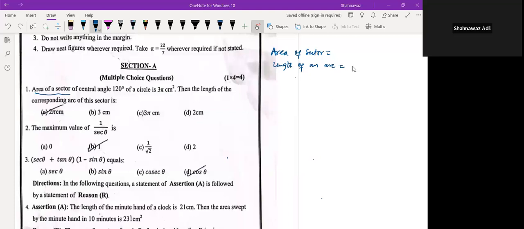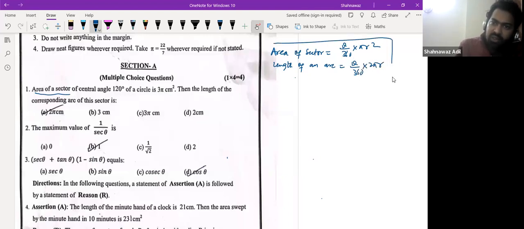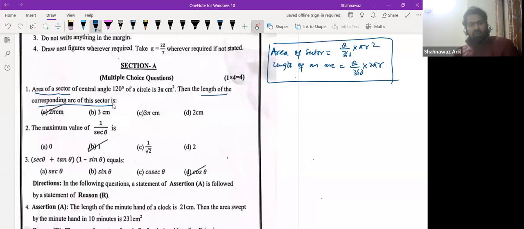The area of a sector is theta by 360 into pi r square, and the length of an arc is theta by 360 into 2 pi r. Good. So we have to use these two things, and then we have to find the length of the corresponding arc. So you tell me what arc length you are getting.